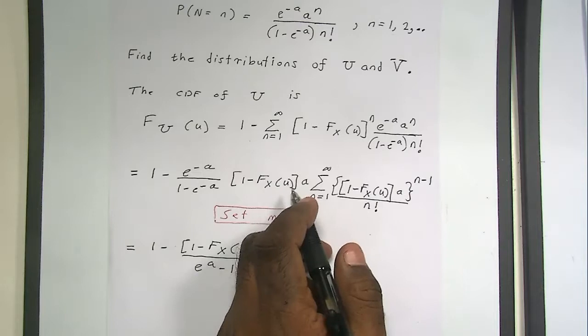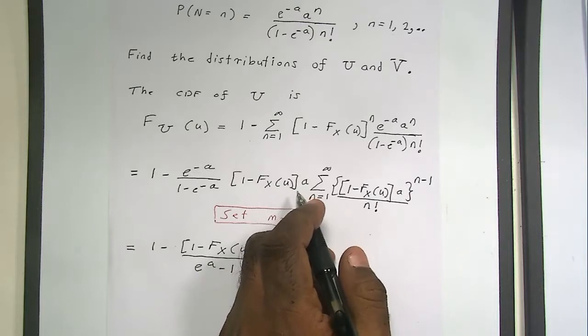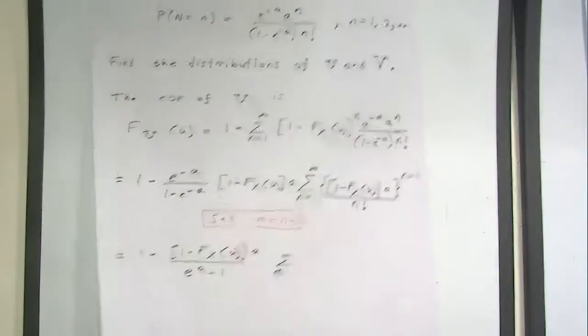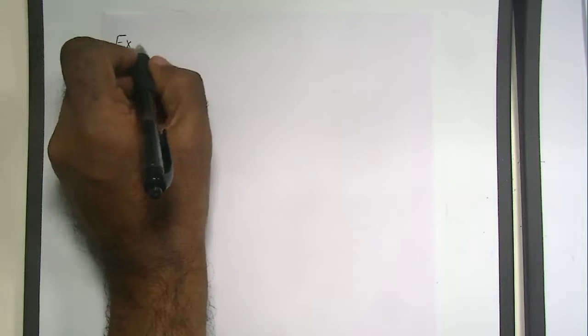Sorry, can I start again, please? Okay, sorry about this. I think I made a mistake. I think I shouldn't have done it like this. Let me start again, okay? I apologize for this. Example 5.